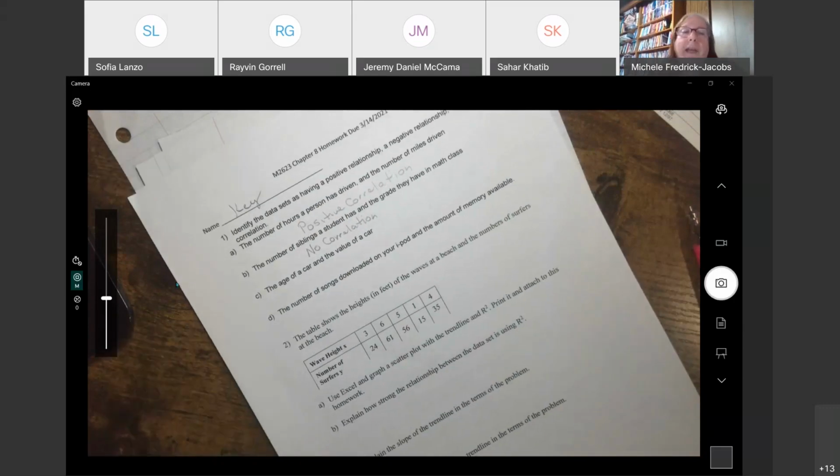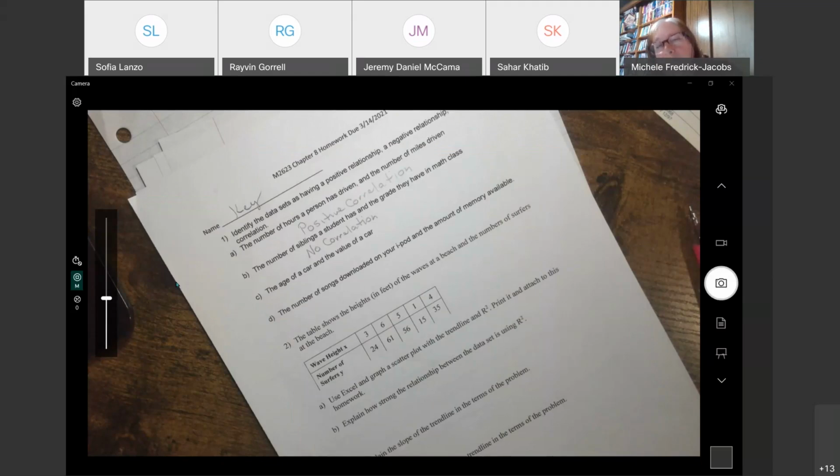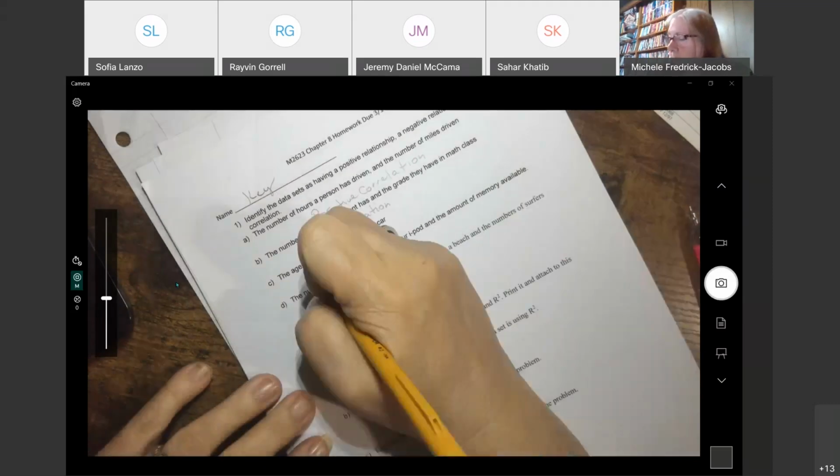How about the age of a car and its value? Negative correlation. Negative relationship. Now, I have had people argue the point on this one because depending on the car, the older it is, it may have more value. In most cases, it's negative.